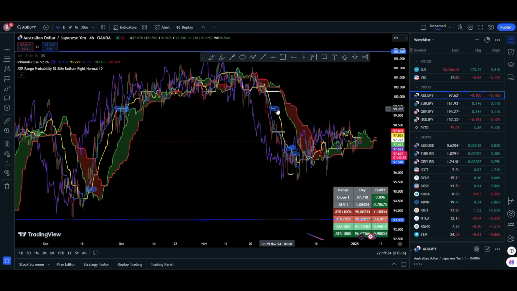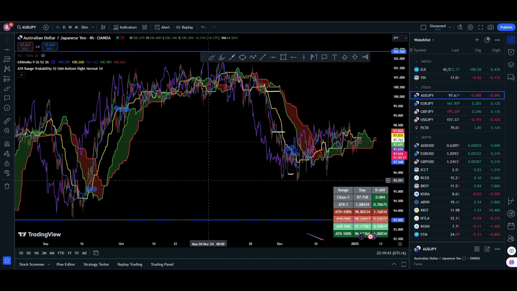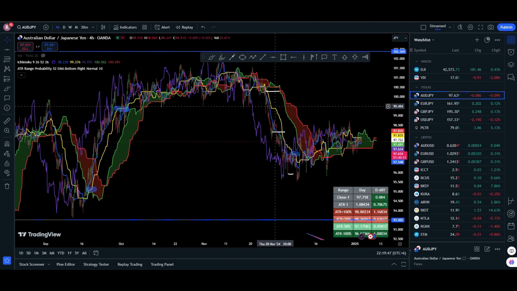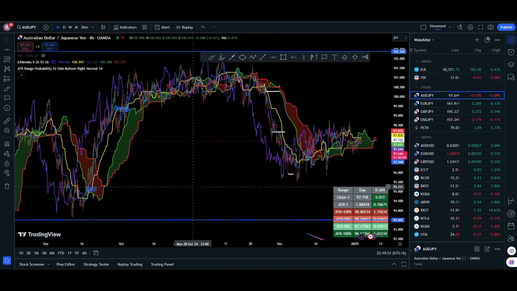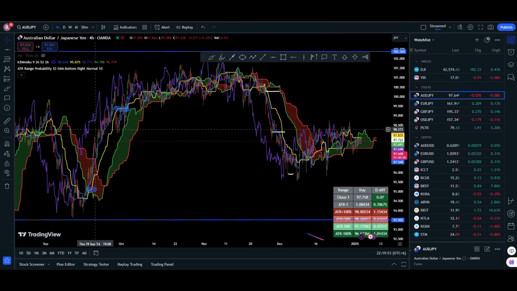Okay, what is the use of this daily support and resistance? We have our support and resistance inside the cloud. We have the support and resistance based on the baseline, the yellow one. We have the support and resistance based on the lagging line.